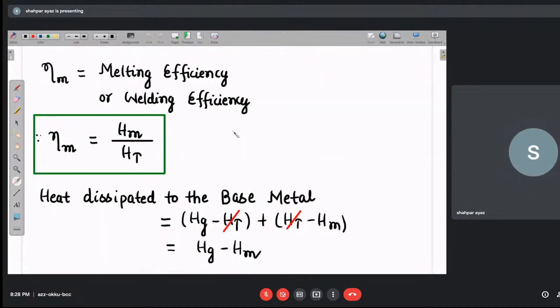Clear, guys? Now, one more point which I want to highlight. Suppose melting efficiency into heat transfer is equals to your Hm. We can write this equation like this. And Ht, we know what is Ht, heat transferred.